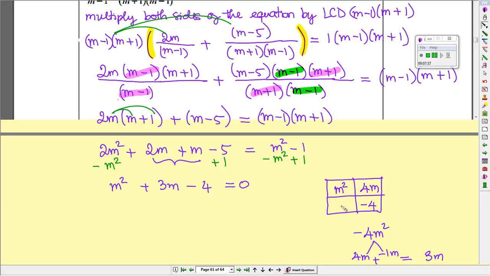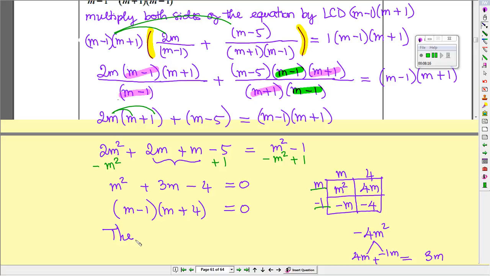I put 4m and negative m. Now for each row, I look for the greatest common factor. Row 1 is m, row 2 is negative 1. So m squared divided by m gives m, and negative m divided by negative 1 gives m. Good. 4m divided by m gives 4. So our factors are m minus 1 times m plus 4 equals 0.